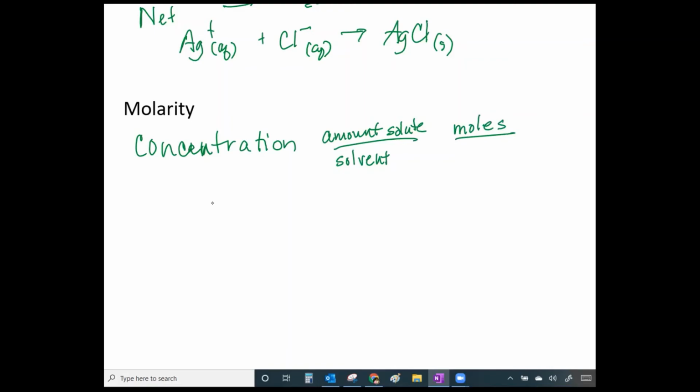And when we talk about solvent, we talk about volume, and we use liters. So we call this relationship molarity. And it is basically the ratio of moles per liter. Moles divided by liters. Okay?